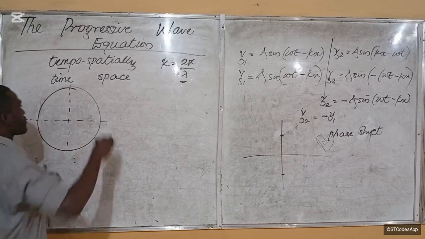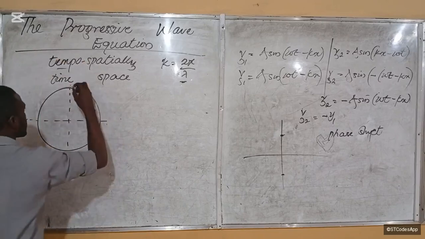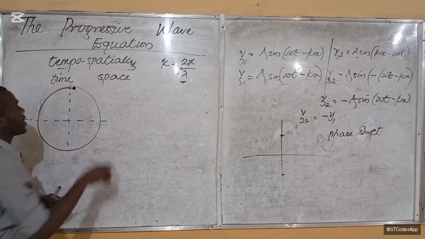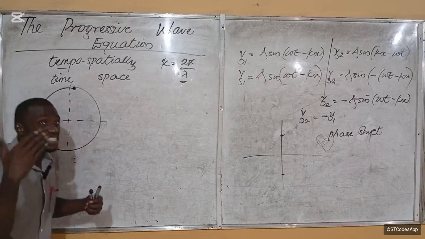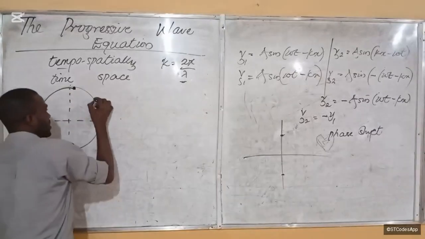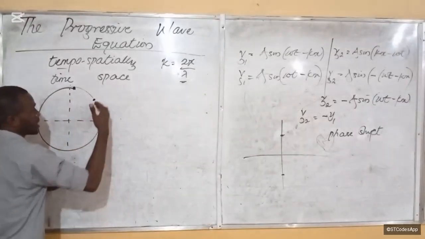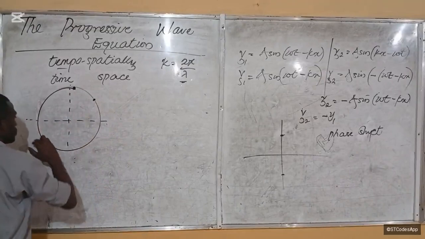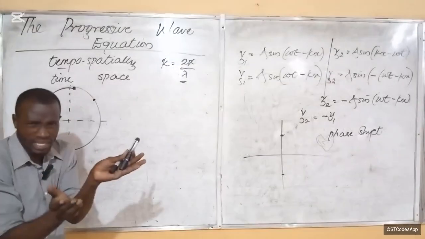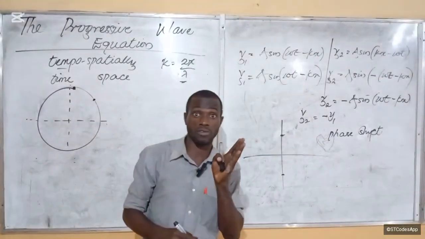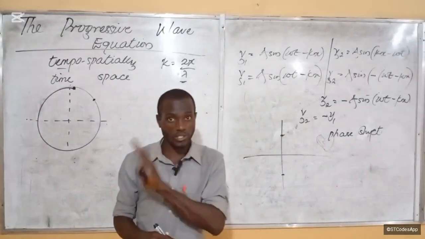So as my particle is moving in one circle like this, at a particular point in time it's going to be around here, yeah? And as time increases, it's going to keep increasing in its angle. As the time increases, it's defined in terms of both time and space, yeah?